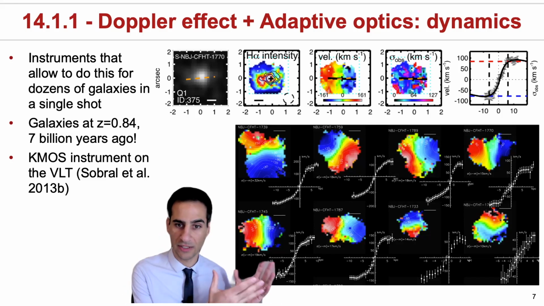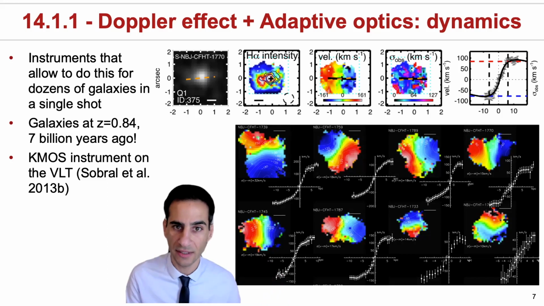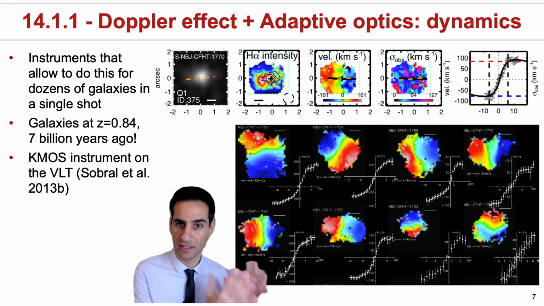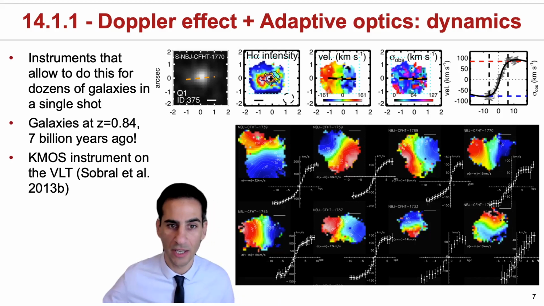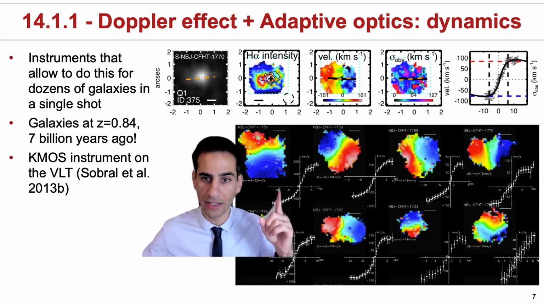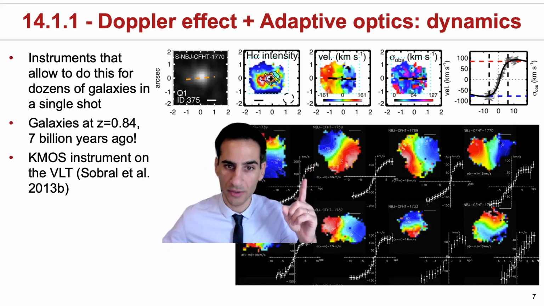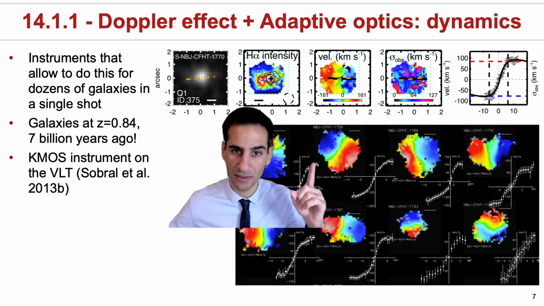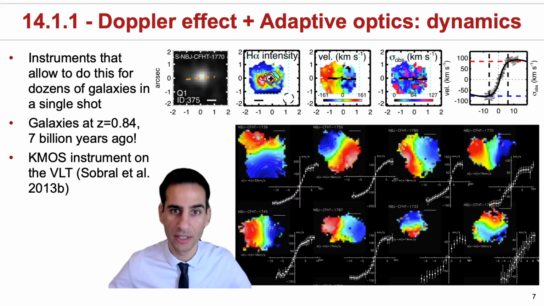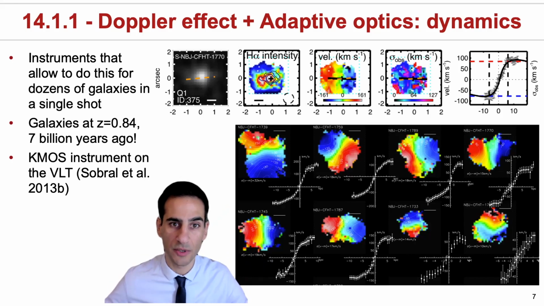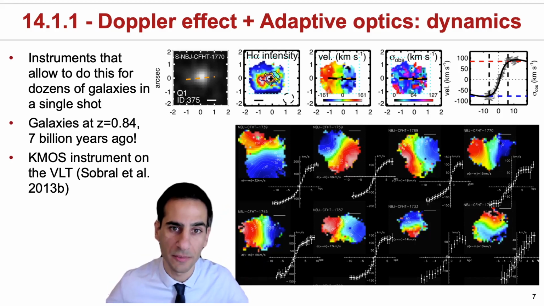And this is just a real example of some 8 galaxies that existed something like 7 billion years ago, where we can very easily detect their dynamics and specifically measure rotation and even rotation curves. And you'll see that for most of these, you can see them flattening out with evidence of the presence of dark matter in these galaxies as well, even though we're seeing them as they were 7 billion years ago.